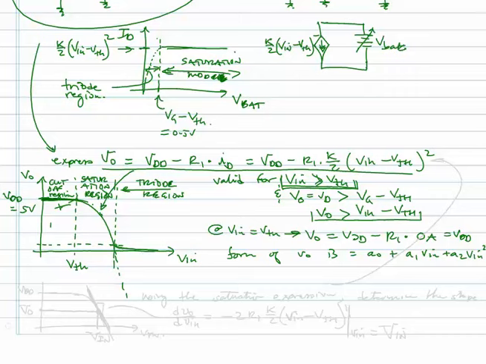I don't want to make this pre-lab too long, but I wanted to give you the basic modeling for the MOSFET, and the last thing I want to do now is to point out how you can use this as an amplifier. So let me just redraw this.